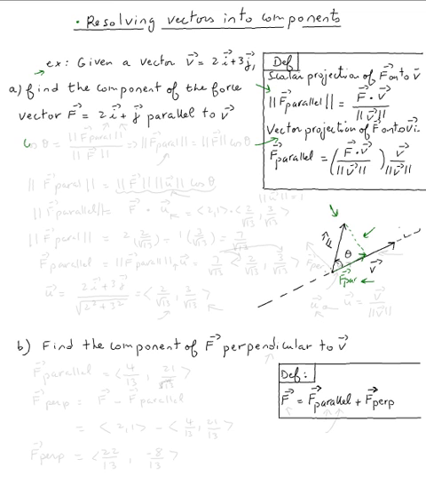Cosine of theta, the angle between the vector v and the force F, is equal to the magnitude of F parallel, this is just trigonometry, over the magnitude of the force F. This means that the magnitude of F parallel is just equal to the magnitude of F that we know times cosine of theta. We don't have a theta.